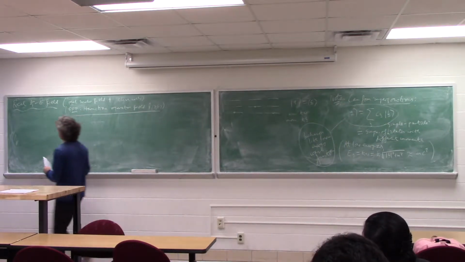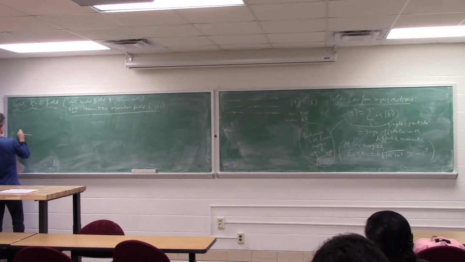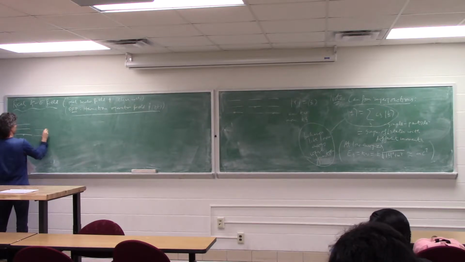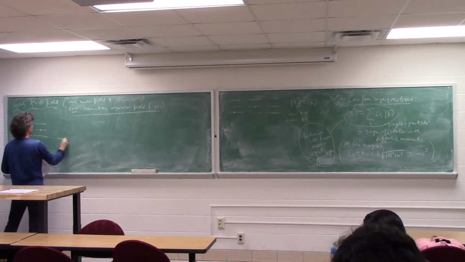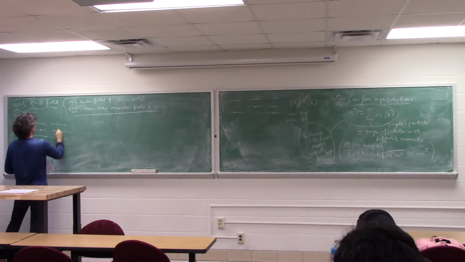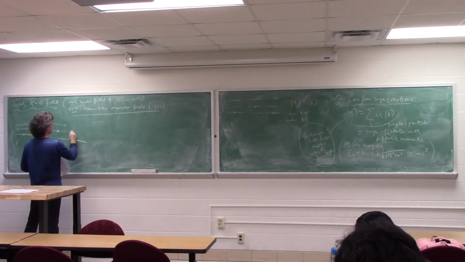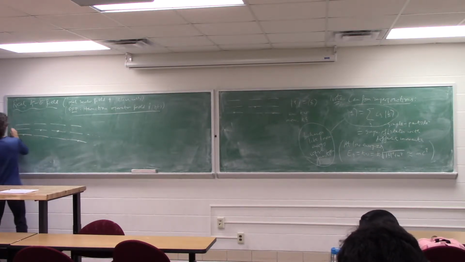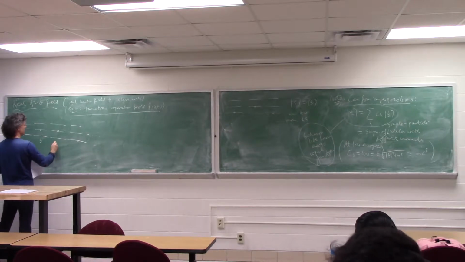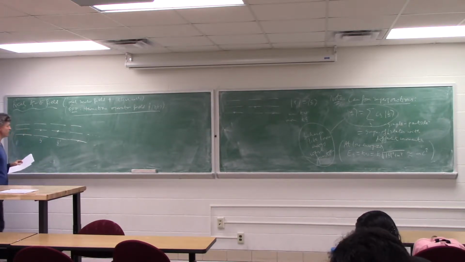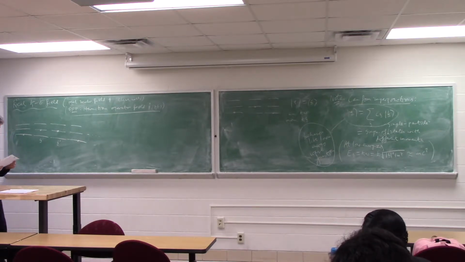What if I have a state that looks like this? I've got the ground state, then the first excited state, then the first excited state again, then the ground state, going on and on. So this is the mode K, this is the mode K primed. I've got two different modes that are in the first excitation.